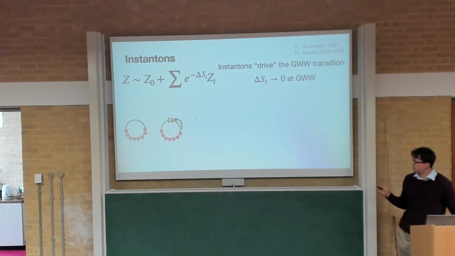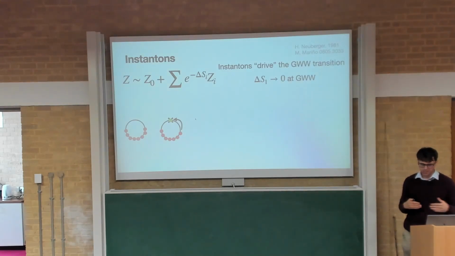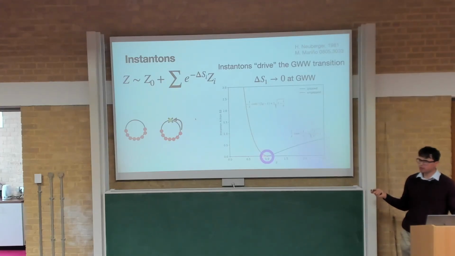Yes, and so it was understood that the instantons actually play an important role in the standard Gross-Witten-Wadia model and similar models, because as you approach the Gross-Witten-Wadia point, the critical point, the instanton action vanishes, so you can no longer neglect them as being exponentially suppressed, and they must play a role in the actual transition.